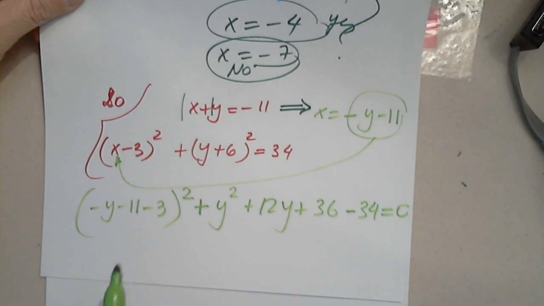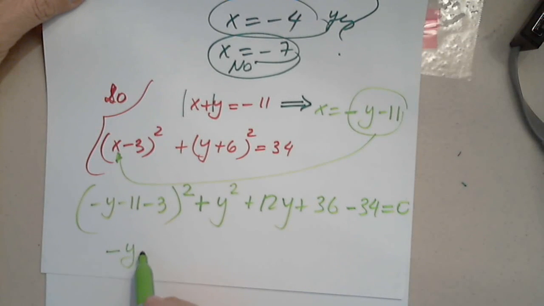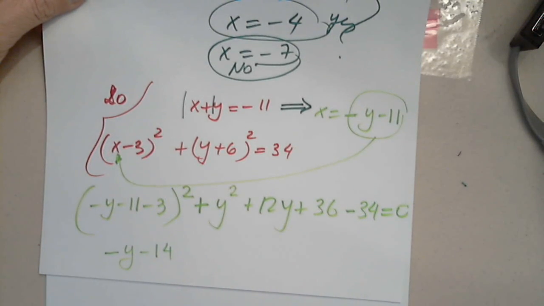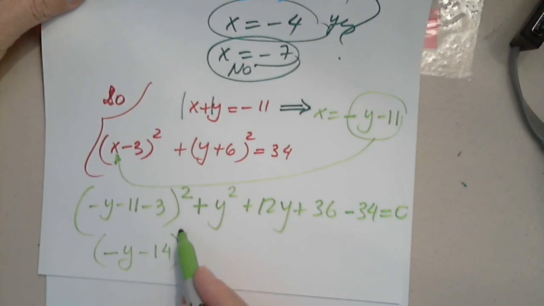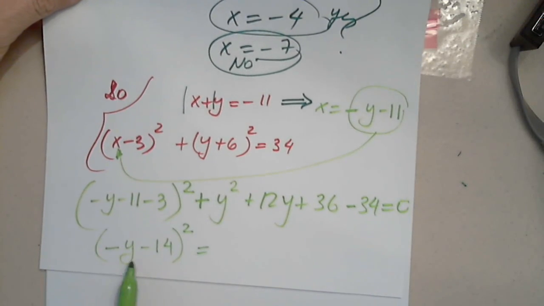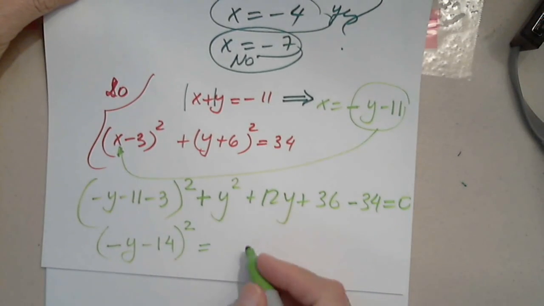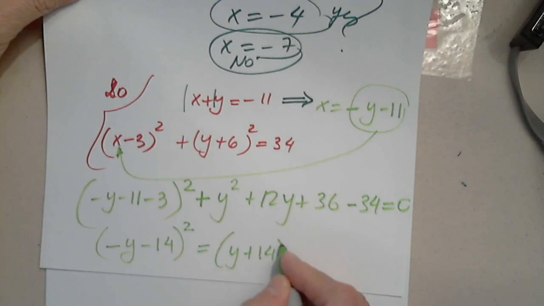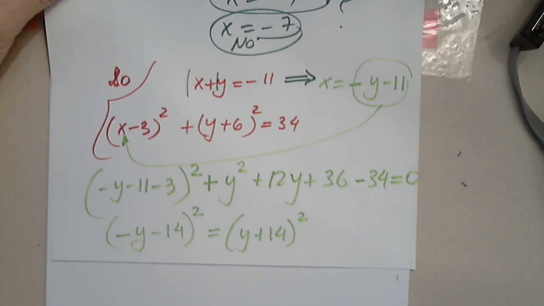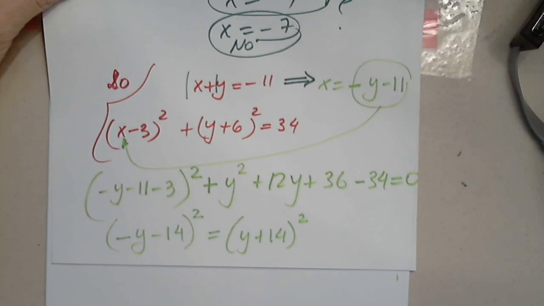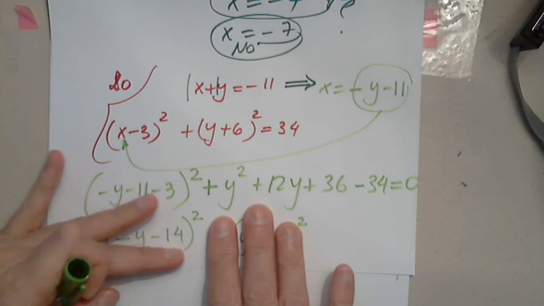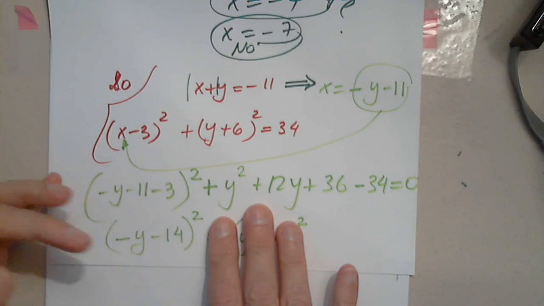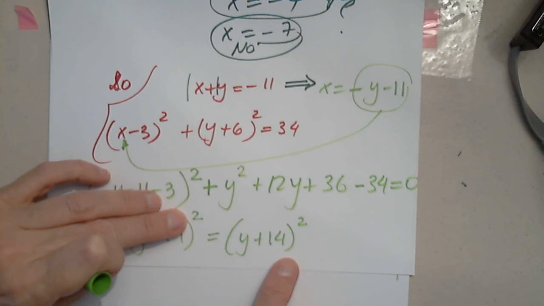What I have here is basically negative y minus 14. When I square a binomial with both terms negative, it's like squaring this. Because here, all terms will be negative, but when I square them, all terms will be positive.